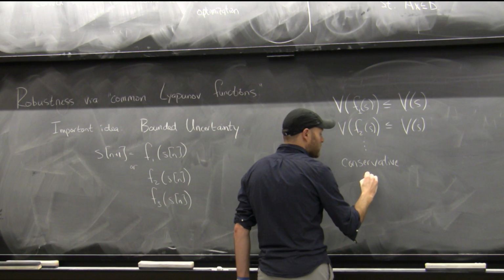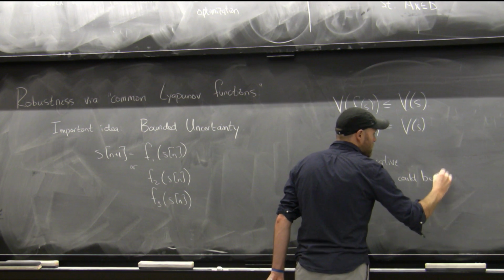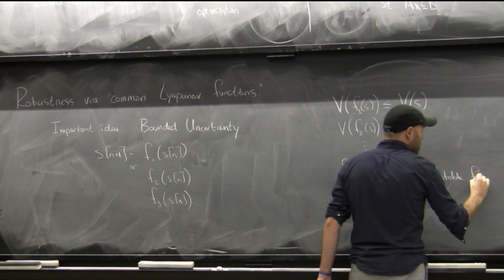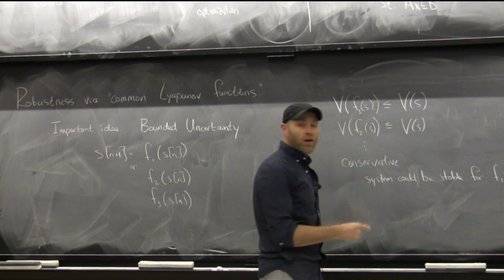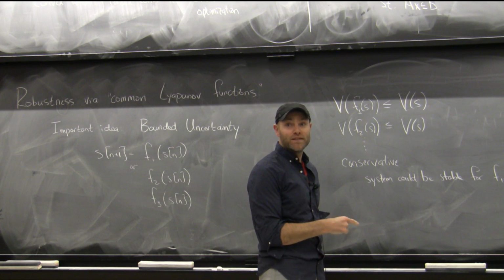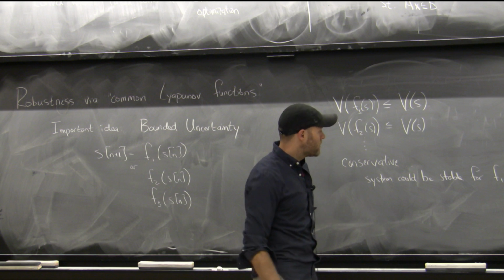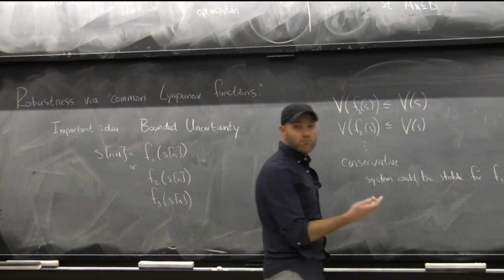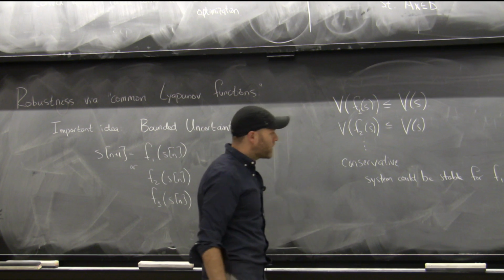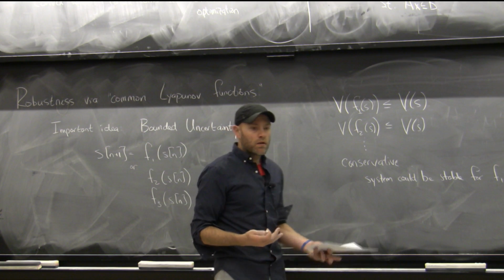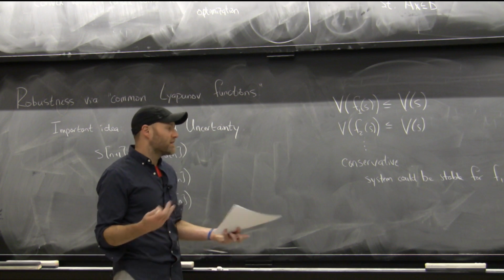The system could be stable for F1, F2, F3. They all independently have Lyapunov functions that would prove it, but you can't find a common Lyapunov function that would prove it. Even in simple cases, there are counterexamples. But in practice, you get pretty far with some of these ideas, and they're a really natural way to put it in. It depends how stable you are. If you're on the brink of stability and you have uncertainty, then you might be hosed.